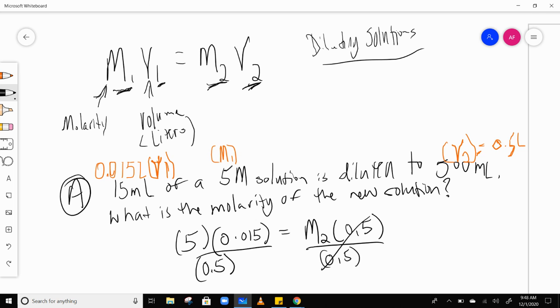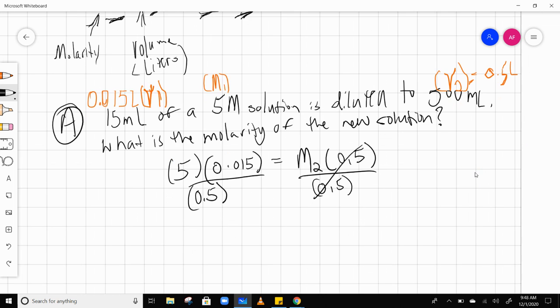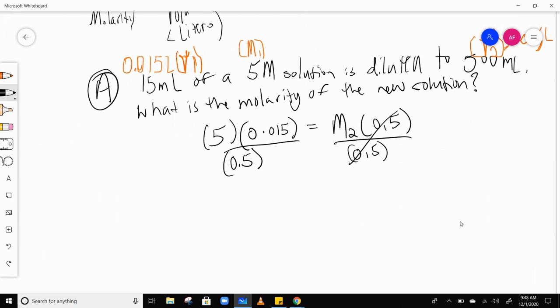Very similar to the gas laws where we had P1 V1 equals P2 V2. Just instead of P, we have molarity here. So our M2 should be, 5 divided by 0.5 is 10, 10 times 0.015 is 0.15 molar.